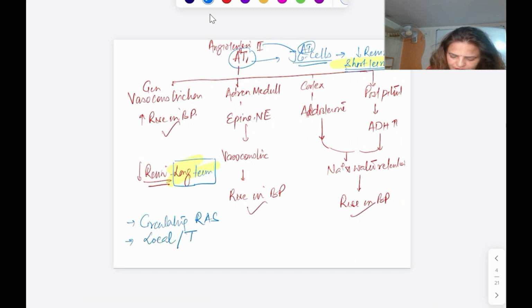And there is another important one, that is the local or tissue RAS. Some books say it is further of two types, extrinsic and intrinsic.